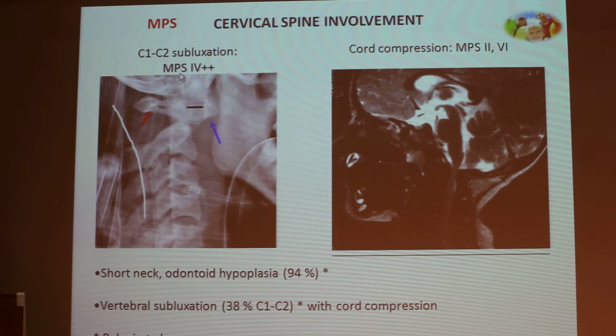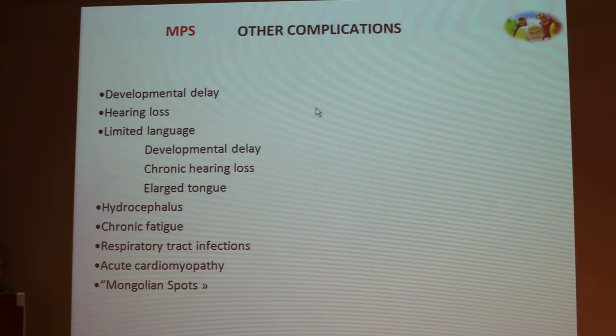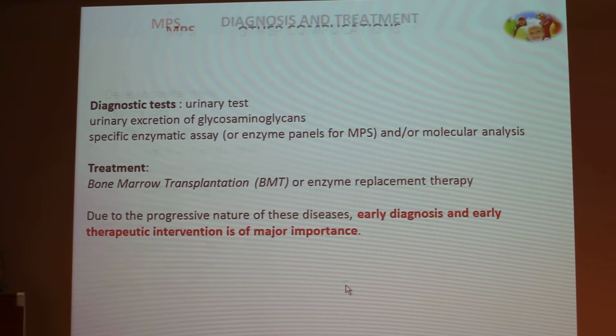There is a cervical spine involvement with a C1, C2 subluxation, and you have here a cord compression. So there are a lot of complications: developmental delay, hearing loss, limited language, hydrocephalus, chronic fatigue, myocardiopathy.